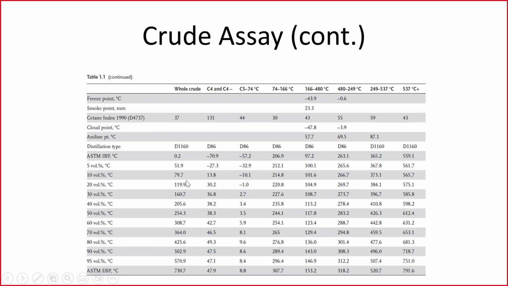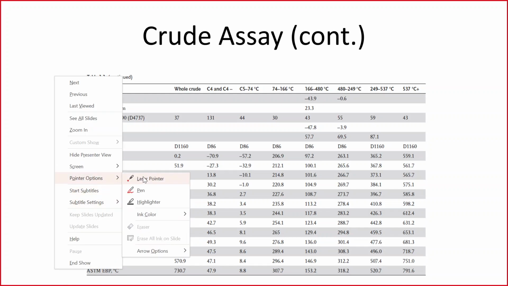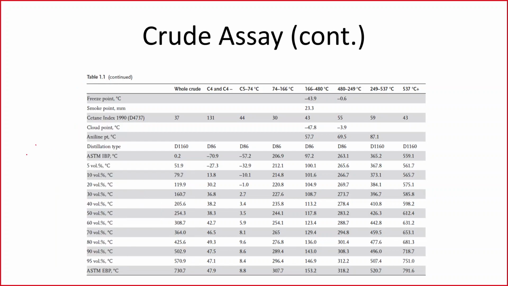So they measure that 5% volume of this crude will evaporate when the temperature reaches 51.9 degrees C. So I repeat: if 5% of this crude is evaporated already, what's left is 95% in the flask, and that temperature is about 51.9 degrees C. They increase the temperature, and then it will evaporate more and more. So they have this 100%.